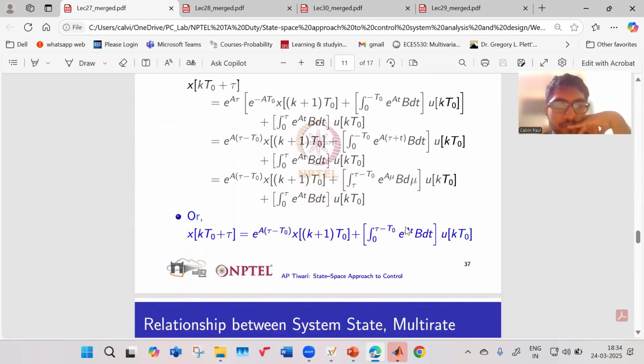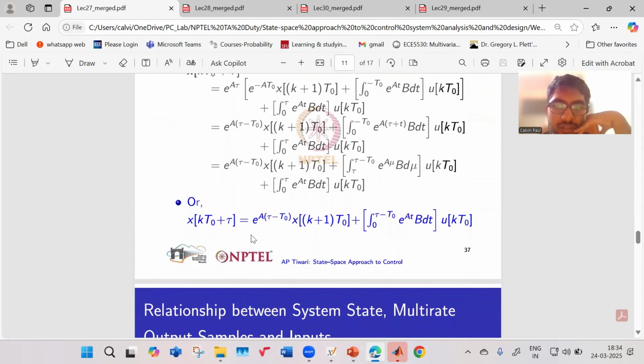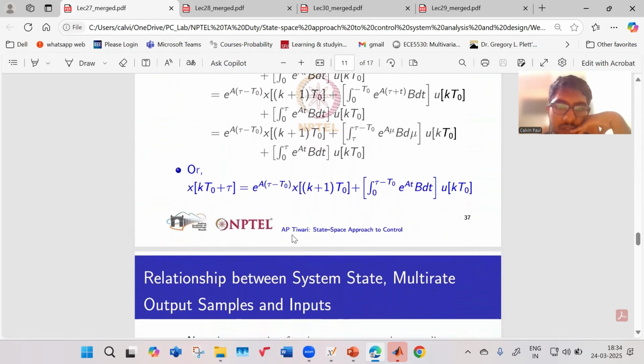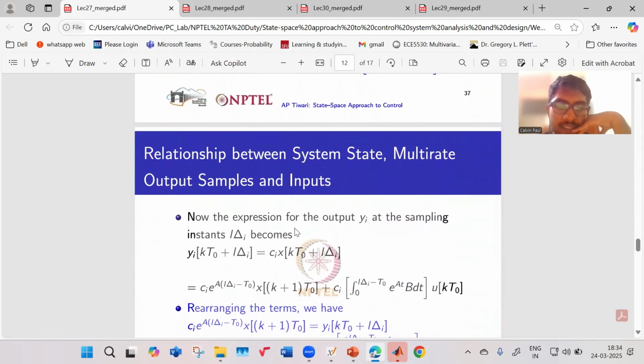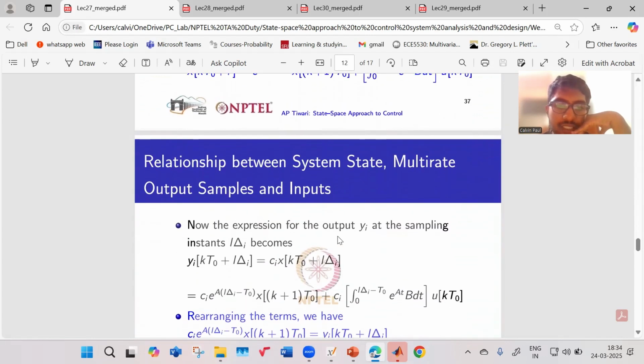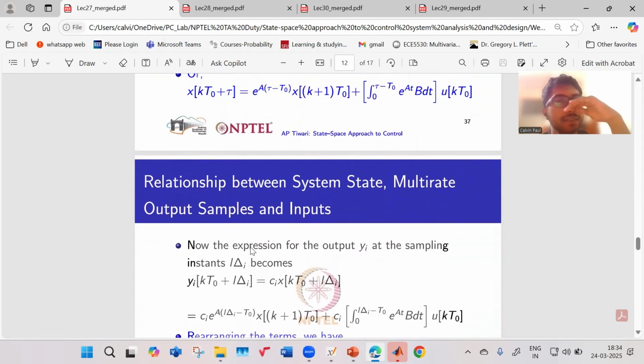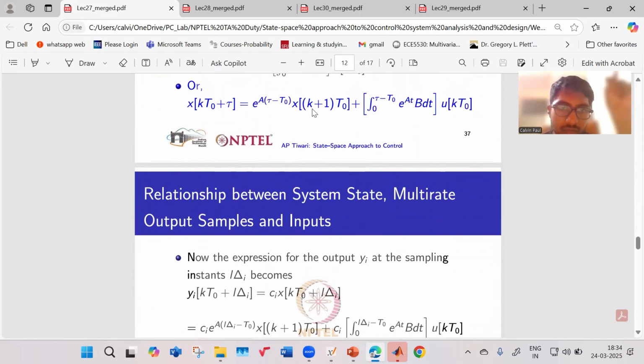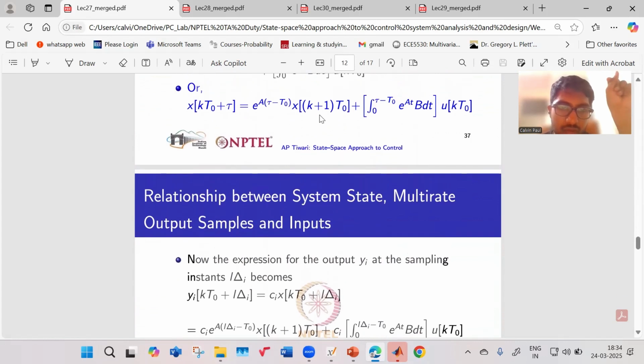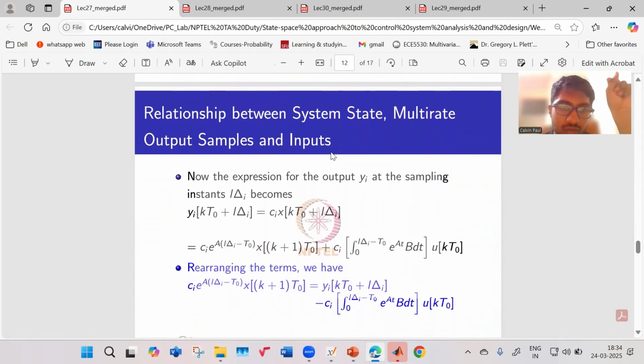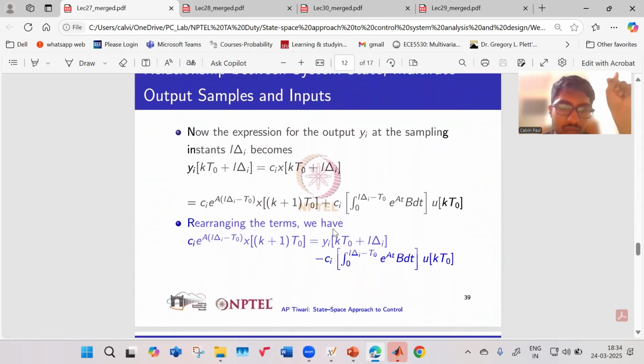Let us try to understand what is actually happening to our system. So this is the expression which Sir has got for x of k plus tau. This expression is used for the output yi at sampling instant l delta i, and it is written in terms of x of k plus 1 t naught.